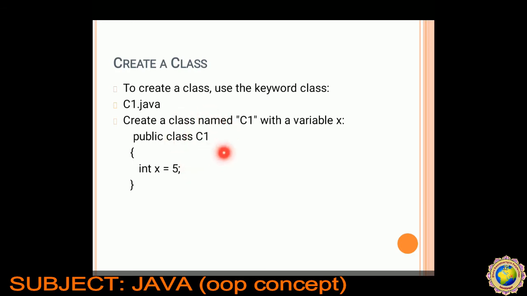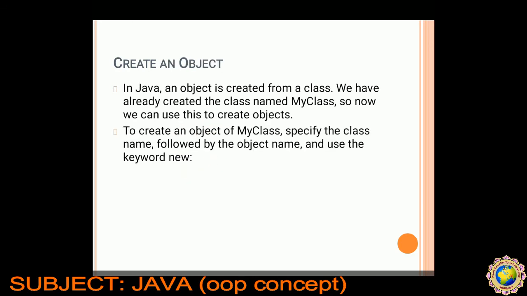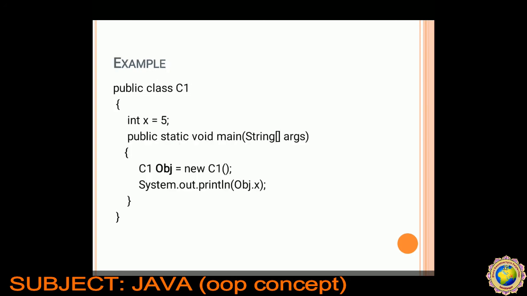So you can change the name. To create an object of MyClass, specify the class name followed by the object name and use the new keyword. We have learned about keywords, right? The new keyword is usually used to create an object.